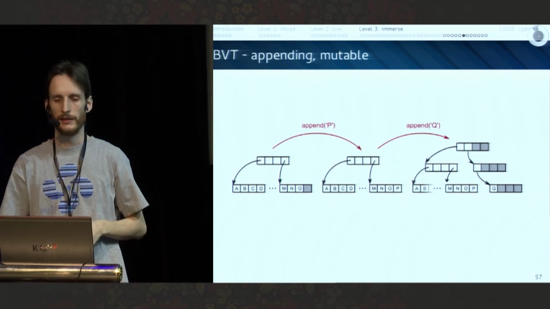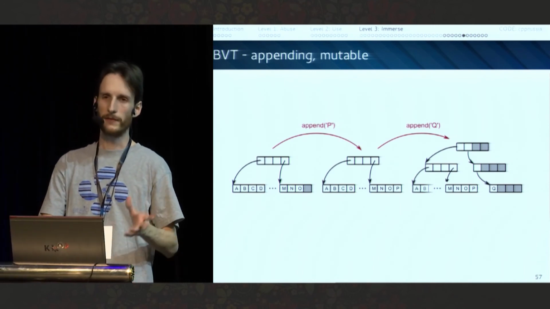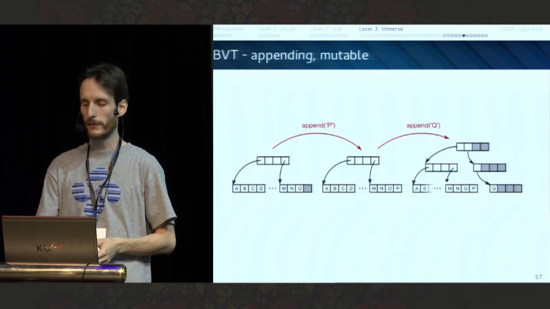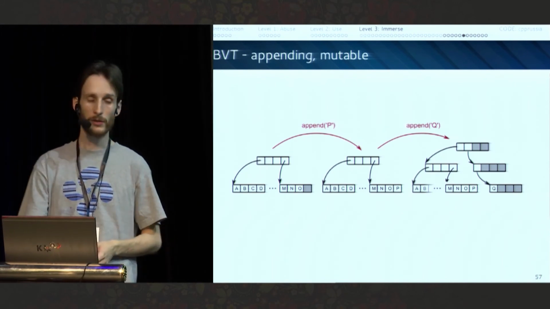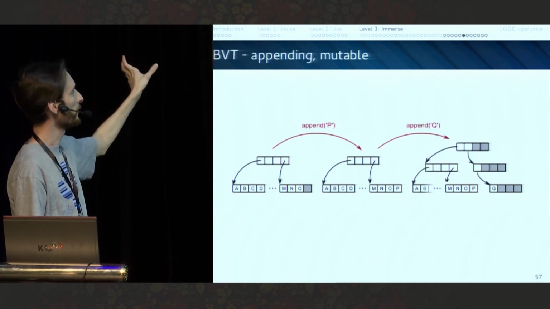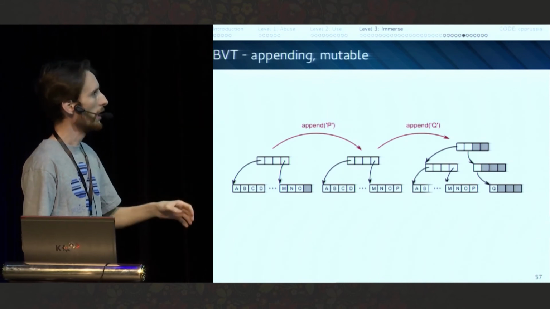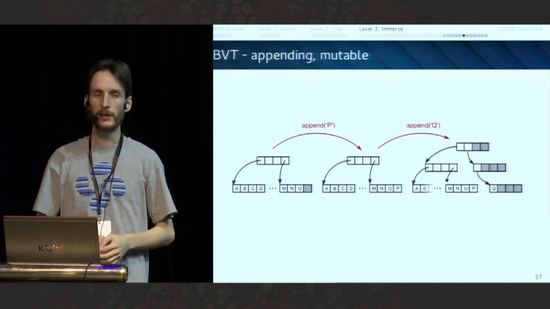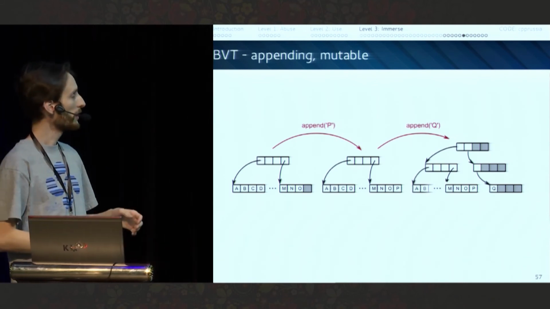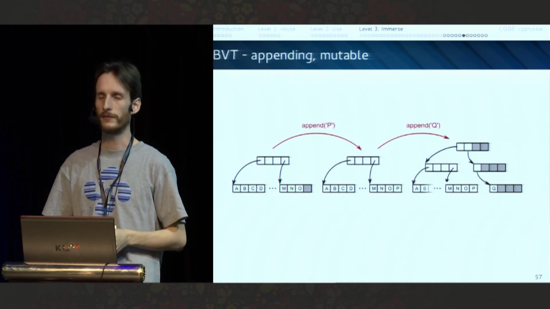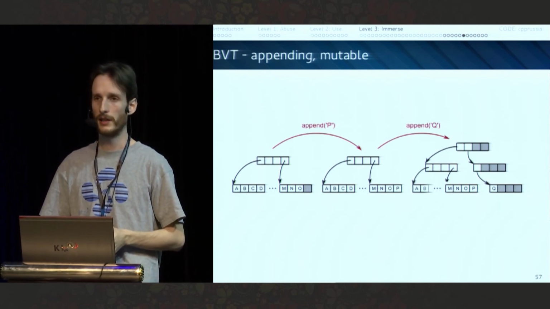So we already saw how, if we wanted to create this as a mutable data structure, we would add items to it. In this case, we have the starting one, we append P and append Q, and the data structure just grows. Now you just have to look at which parts changed between all of the 3 structures.